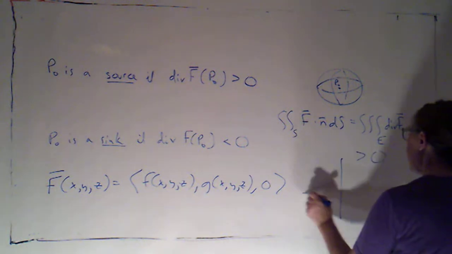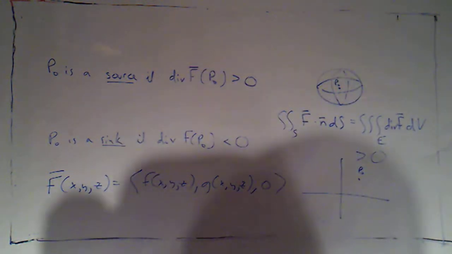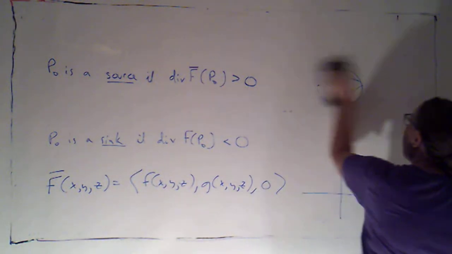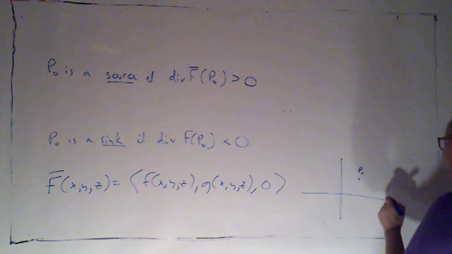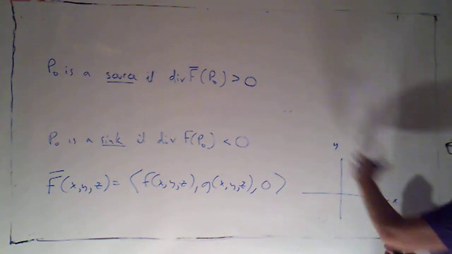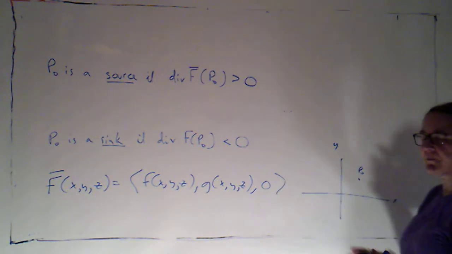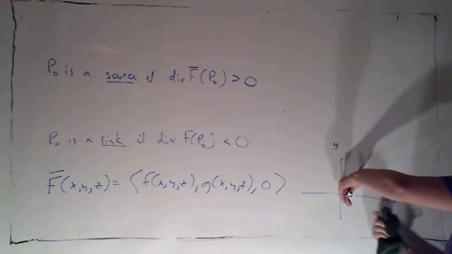So that way, if I had a point P naught, I could sort of draw a cross-section of that vector field, and I would know that that cross-section was the same in every plane parallel to the xy plane, because there's no z component here. So drawing things this way, the z component would be coming out from the board.